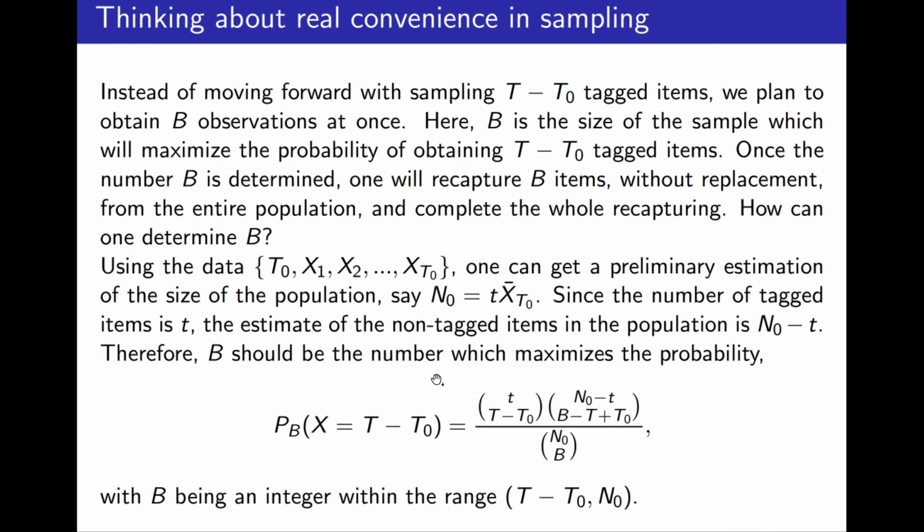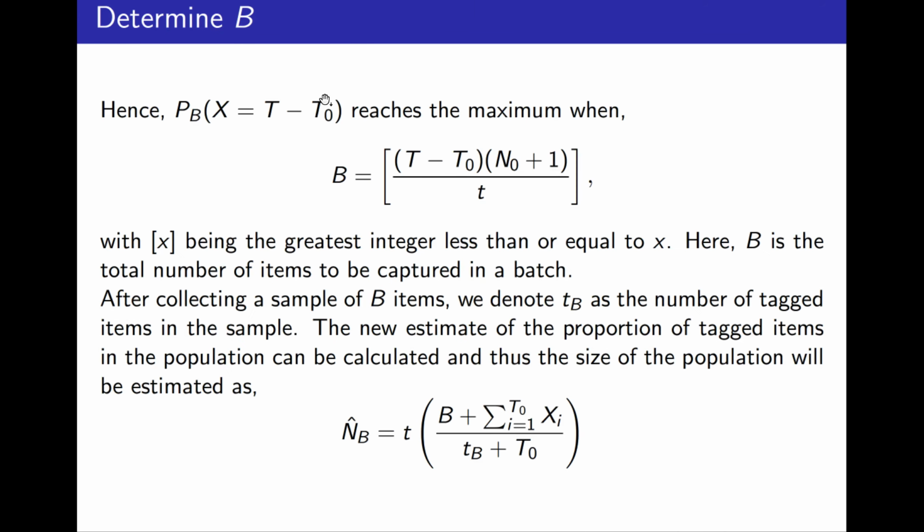So to adopt that, we have taken the help of the hypergeometric distribution and then the maximum likelihood estimate for the number of items that should be collected in a batch, so that we have a maximum probability of observing the required number of remaining tagged items. The equation for that is given by this. This is a preliminary estimate of the population size, and then the final estimator of the population size will be given by this.